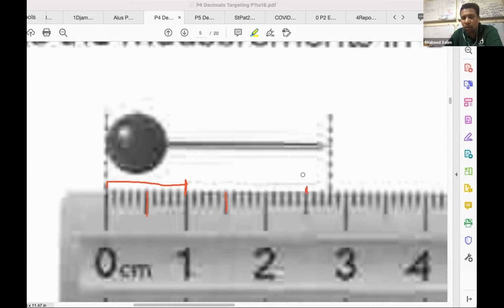If I ask you what is the length from here to here, it is 2.5. Finish. You don't need to count. So if it is down here, it's 1, then you count 1, 2, so 1.2. Can you see now?